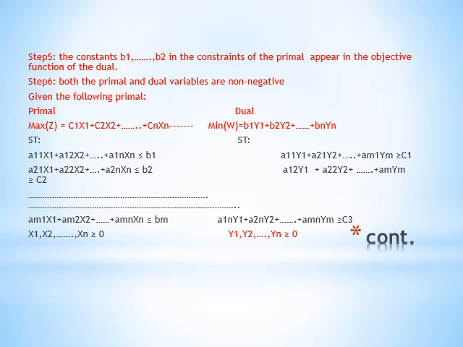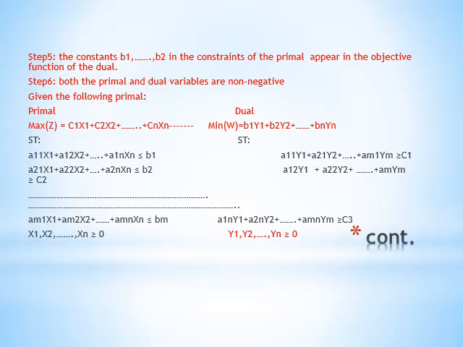To be replaced instead of the profit of 1 unit, and pushed to the right side of the constraints as B1, B2, Bn.